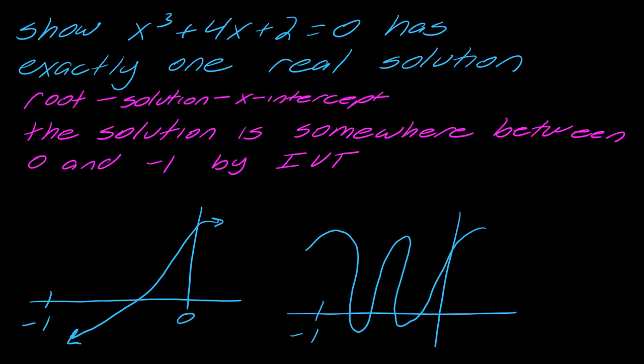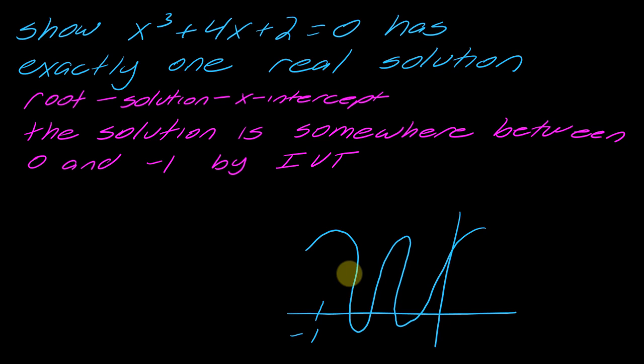So let me clear this off. And so think about this situation for a moment. Let's assume the worst case scenario and assume that there is more than one real solution. So we have something like this. If that happens, then that means that we can use Rolle's theorem.